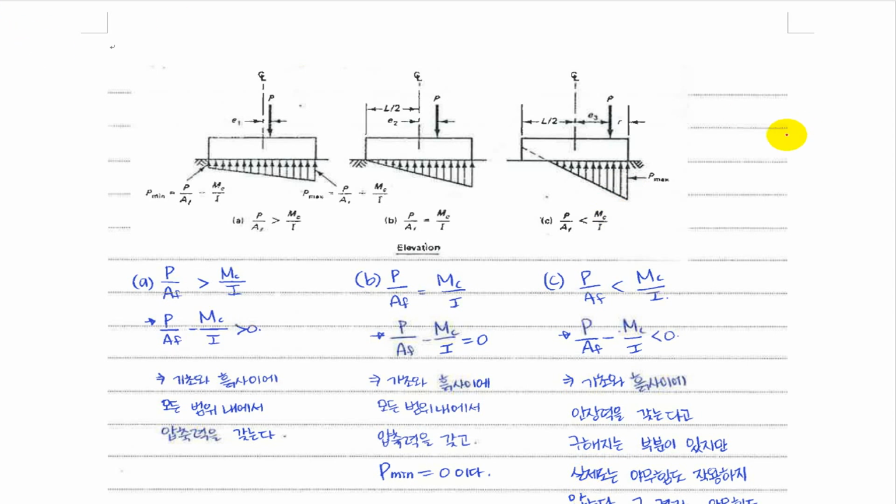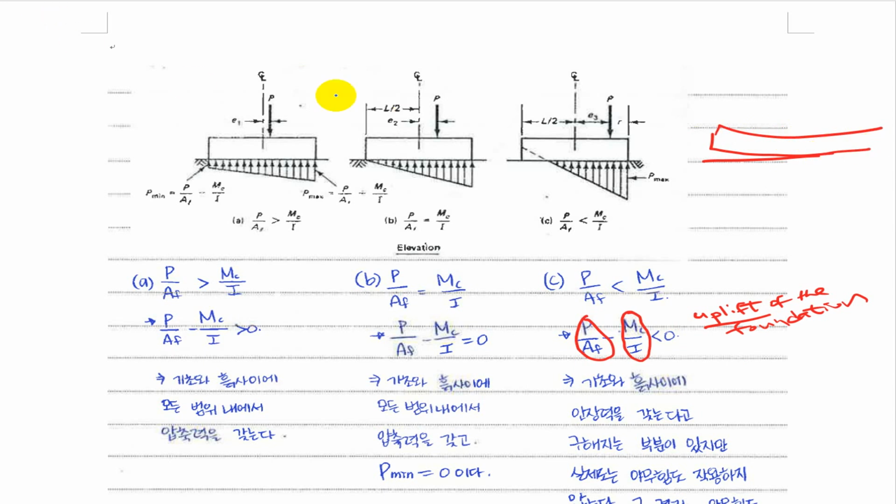So here, when you have an overturning moment which is greater than the compression force on the foundations, then we will have an uplift of the foundations. When you have uplift of the foundations, you see something like this.